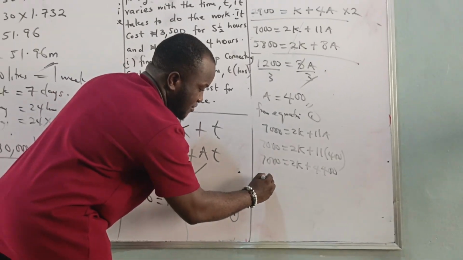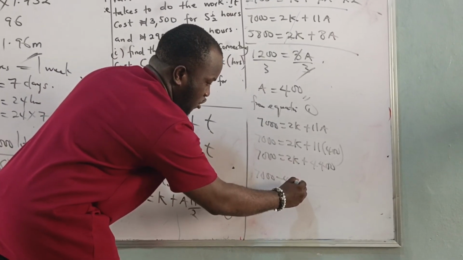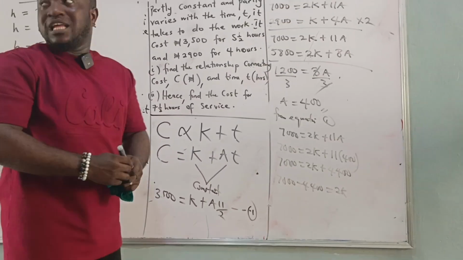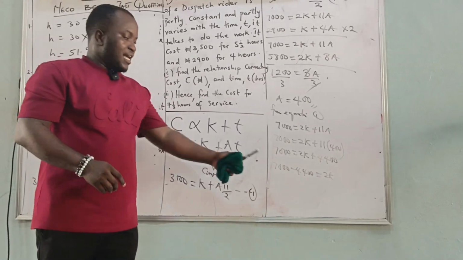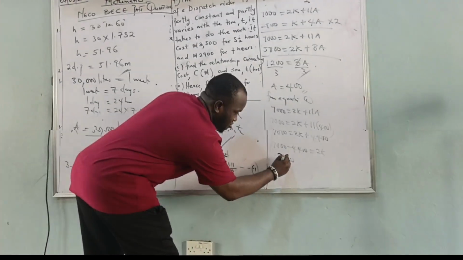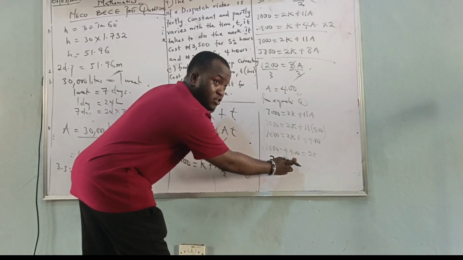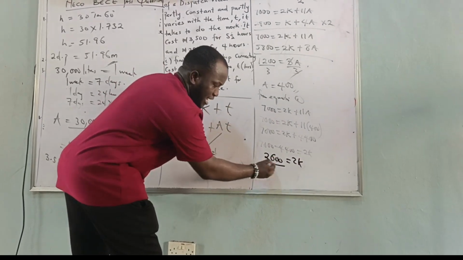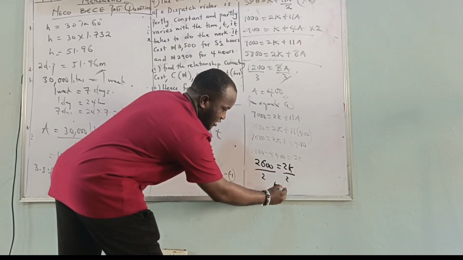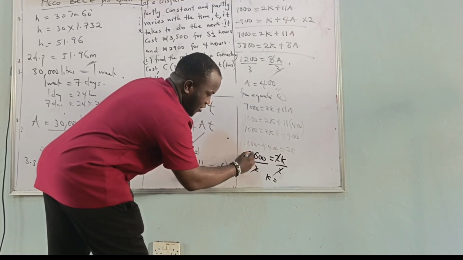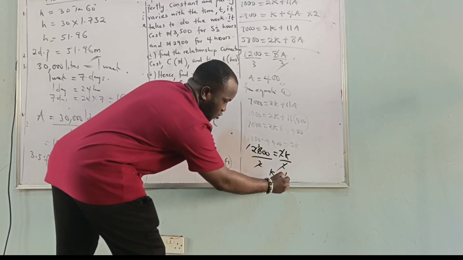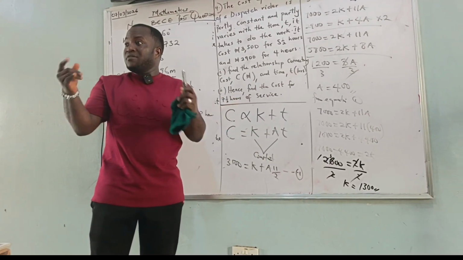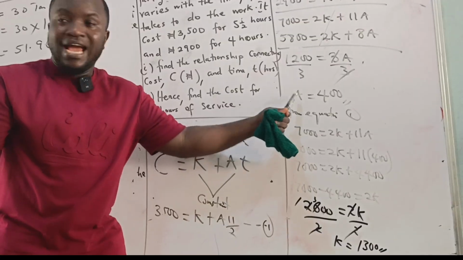Collect like terms: 7,000 minus 4,400 equals 2k. That is 2,600 equals 2k. Then divide both sides by 2, and k gives 1,300. So I have the two constants now: k is 1,300, a is 400.